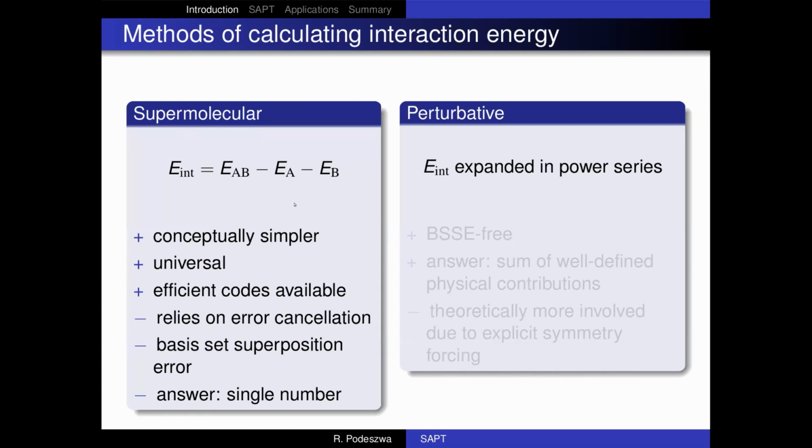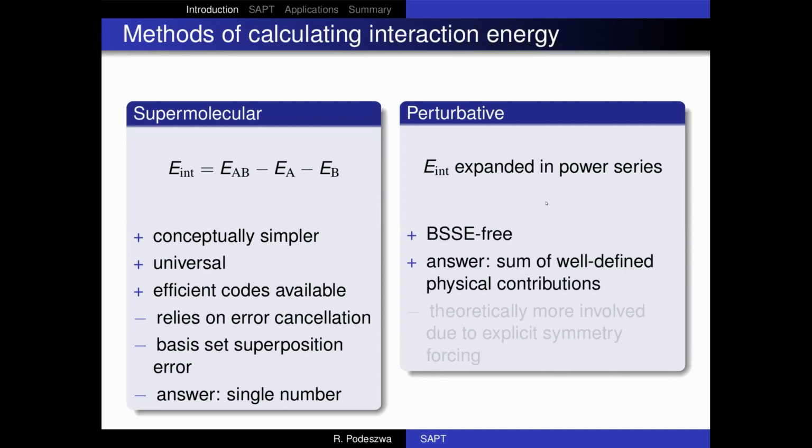So you have to deal with the basis set problem. You have to have identical basis set for the dimer and for the monomer. And also one disadvantage for interpretation is that you just get a single number. You have energy, but no physical interpretation.